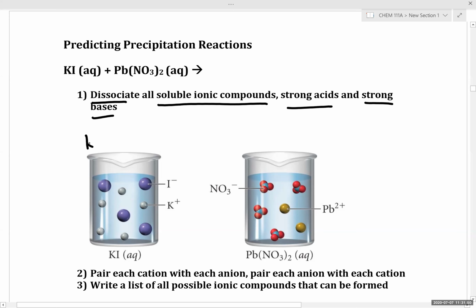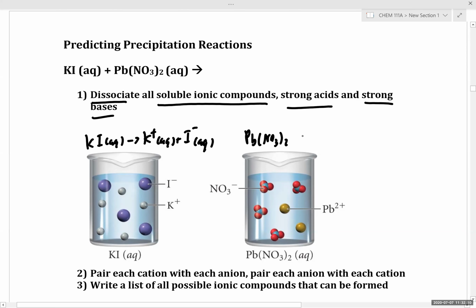So for example, potassium iodide can be broken up into potassium plus aqueous and I minus aqueous. Lead nitrate, let me write this out a little more clearly.